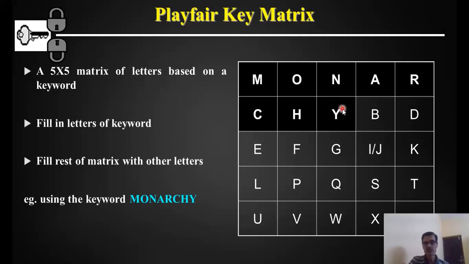Then we fill the other cells of this 5x5 matrix with the remaining alphabets, which are not covered here. Monarchy is filled. Suppose in the keyword, if any alphabet is repeated, that is omitted when you are filling it up.